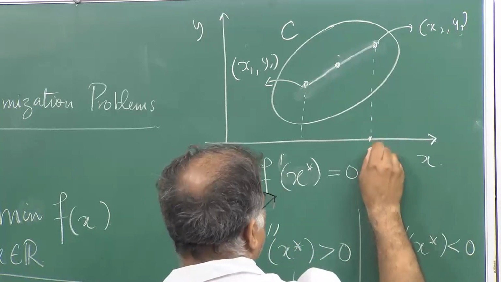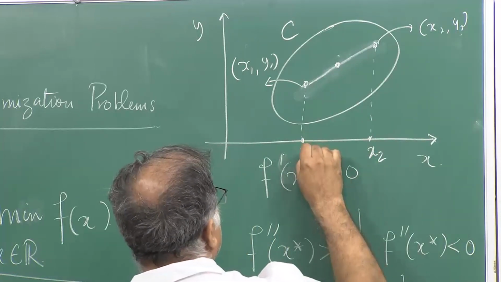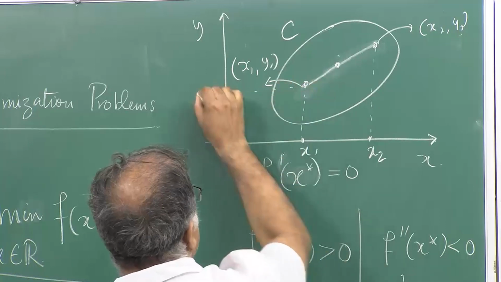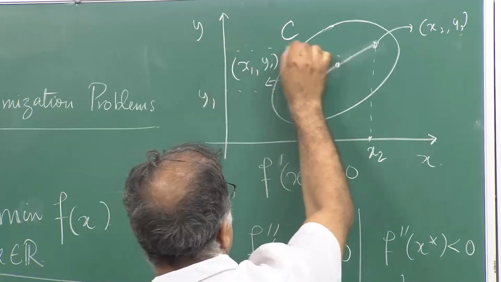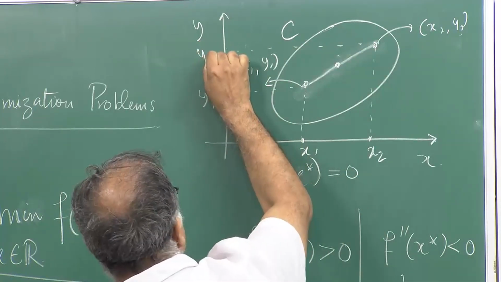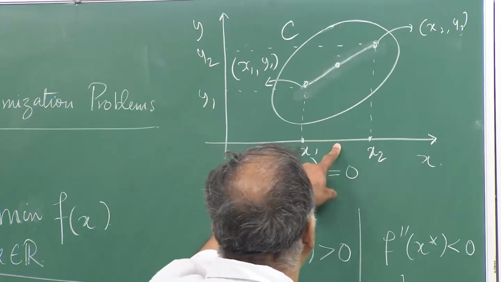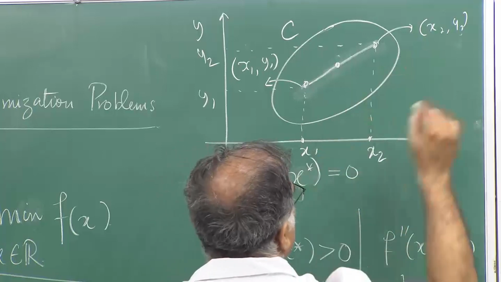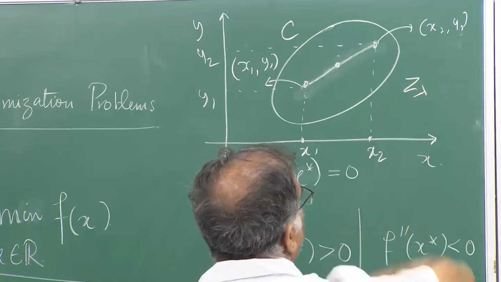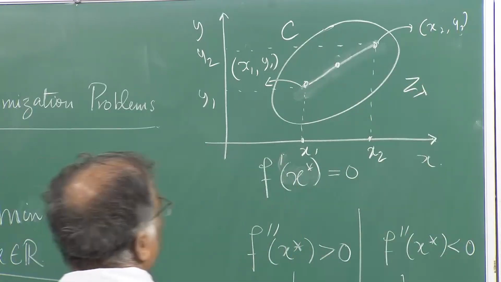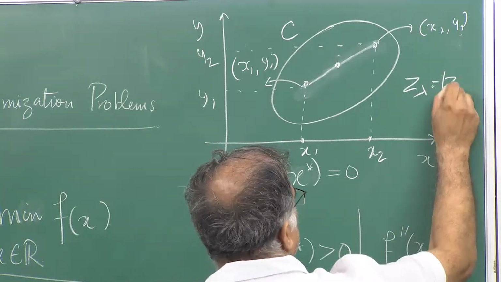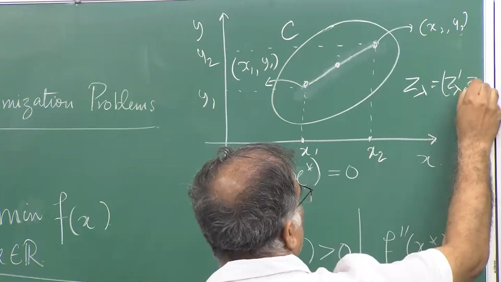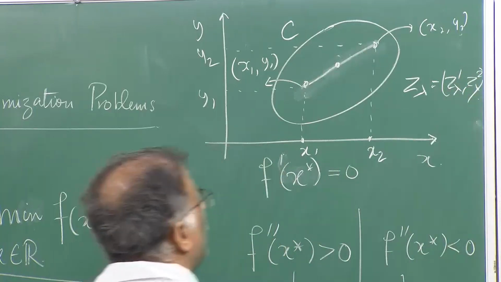This is my x2, this is my x1, this is my y1, this is my y2. Suppose this is some point z lambda, a two-dimensional point with z lambda 1 and z lambda 2 as the two coordinates.